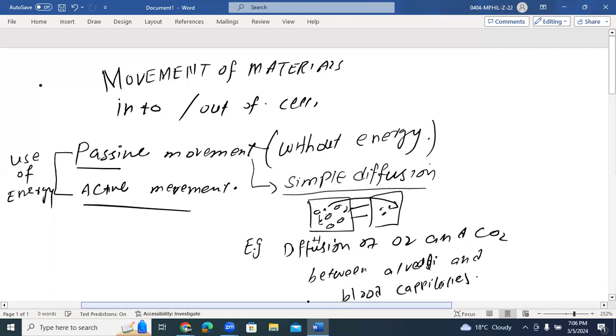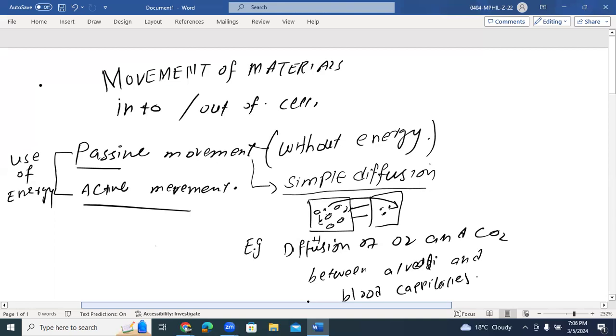You should keep this example. As we know, alveoli are the sacs which are present in the lungs. Whenever we inhale, we increase the concentration of oxygen in our lungs.